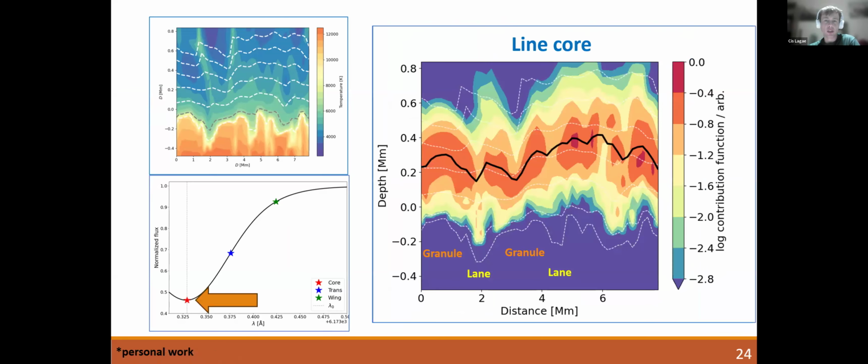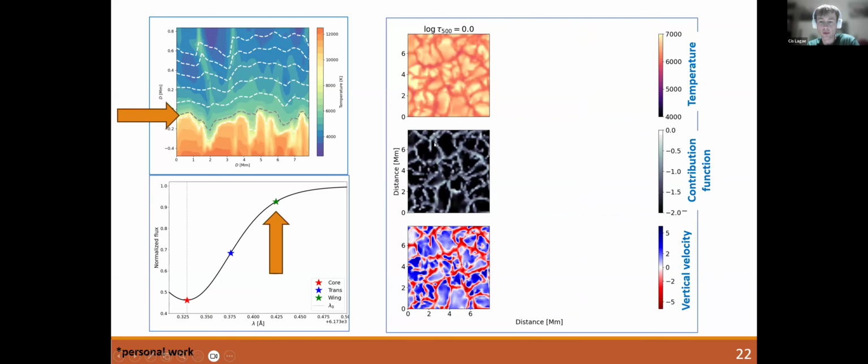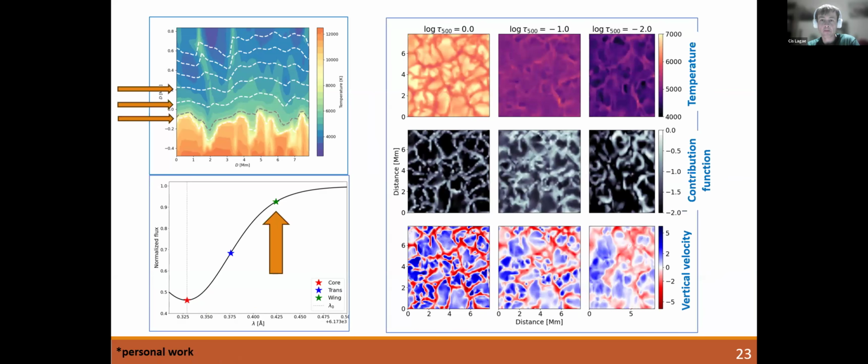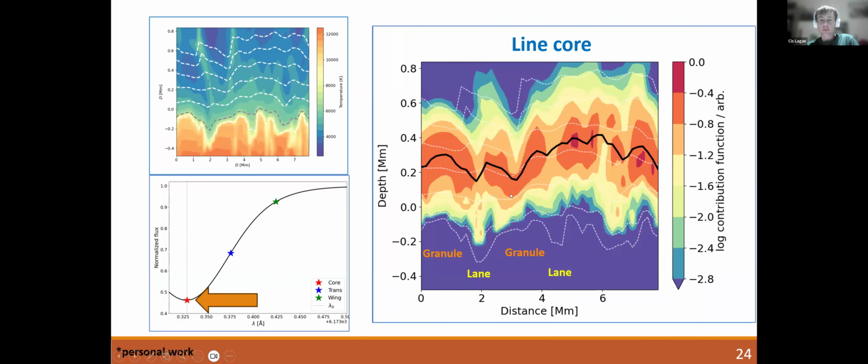Right, let's move on to the line core, skipping the middle point. So as we expect, now this flux is coming from much higher altitudes in the atmosphere. So we're looking at 200 kilometers or 300-400 kilometers above, while before this was around 0 to 200. And again, you see how broad this region is.